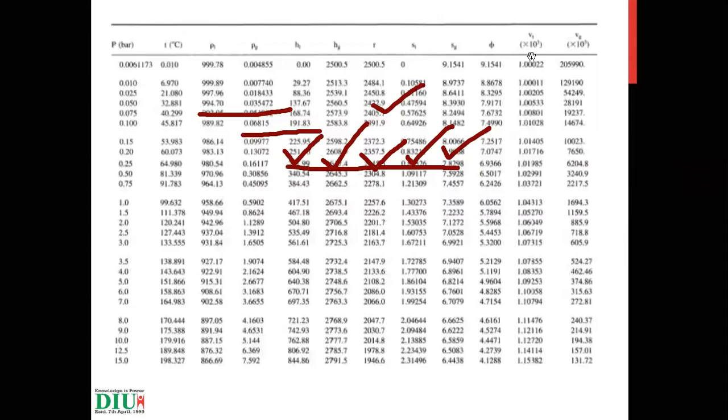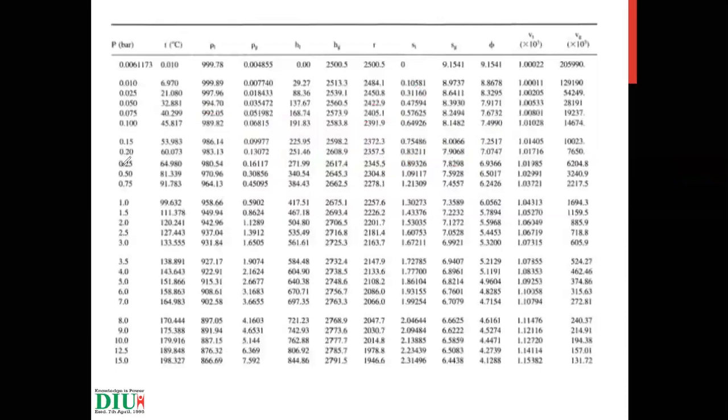This is 6, and the next column is the boiling temperature. You see T in degrees Celsius, so this is the boiling temperature column. If you need the boiling temperature, you can definitely get this value from the steam table. We have the pressure value 6.